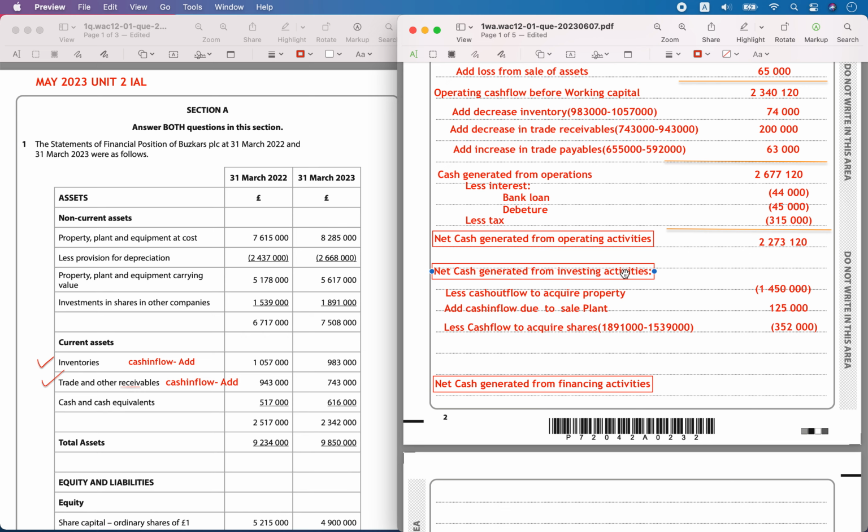So now let's calculate the net cash from the investing activity.